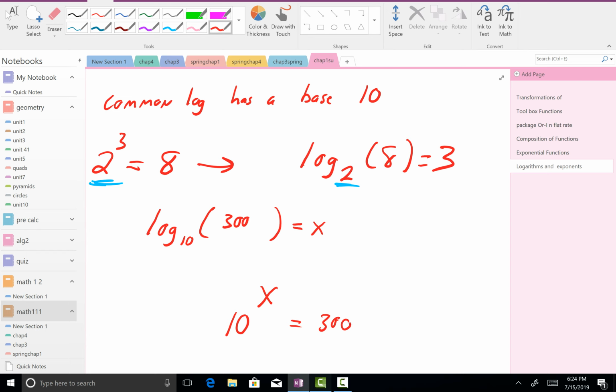This one's log because it has a little a here. That means you can take the log and put any base in there that you want. Well, ours is just common log. So we're just going to go log 300, and we get 2.47. So if I take 10 to the 2.47712, see how I'm getting close to 300? Okay, so that's it, all right?